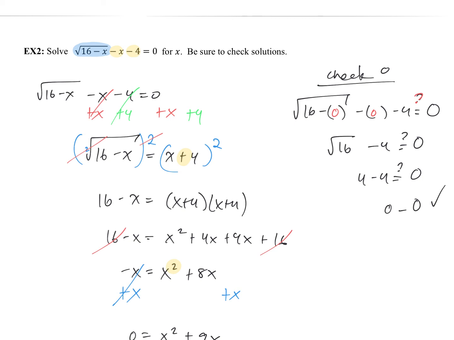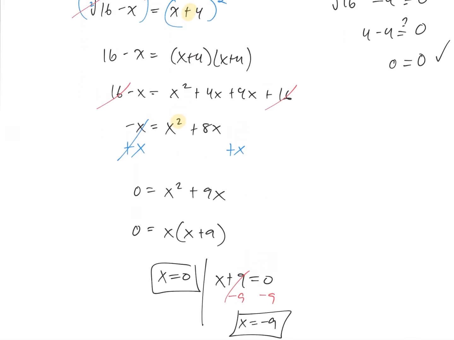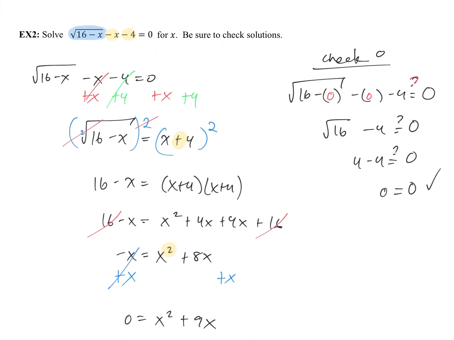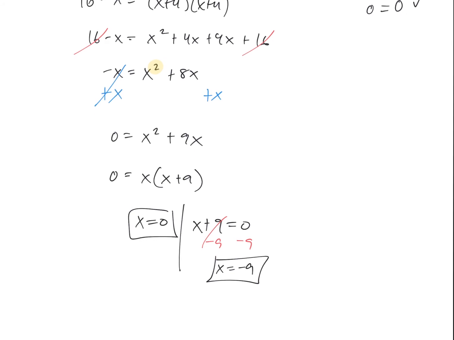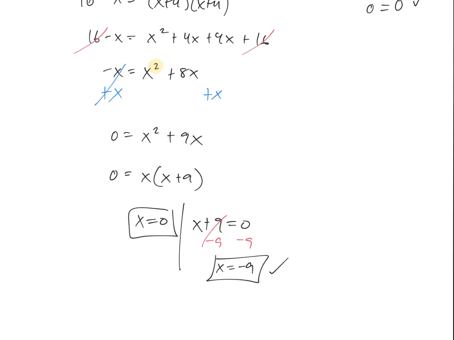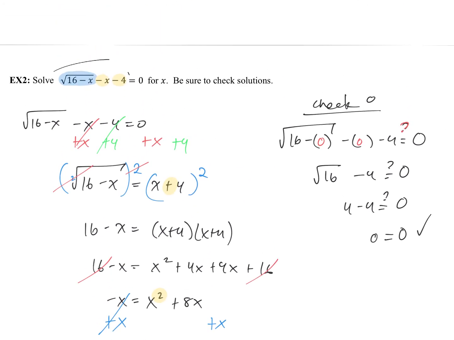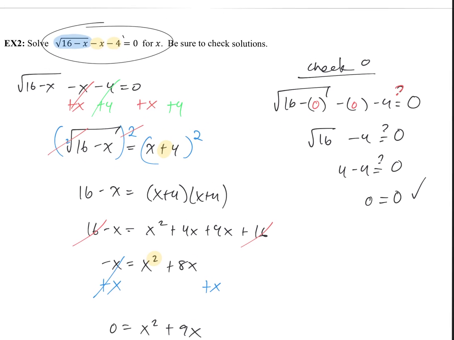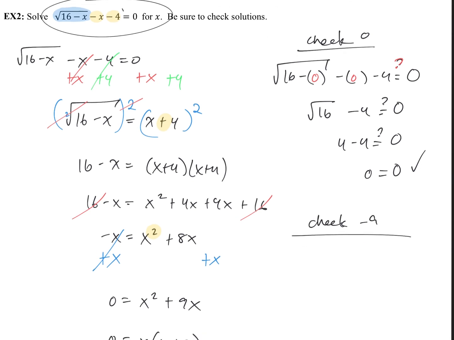Awesome. Let's go ahead and check the next one, which is negative 9. So you might be worried and say, wait, we have a negative. We can't use it for radicals. But remember, it's not just if this is a negative or not. It's if it makes your problem not true or negative. All right, let's check negative 9. Plug that in.